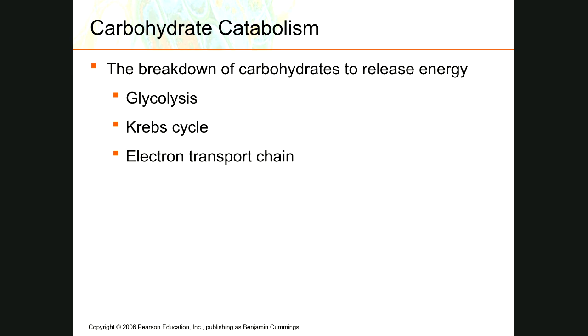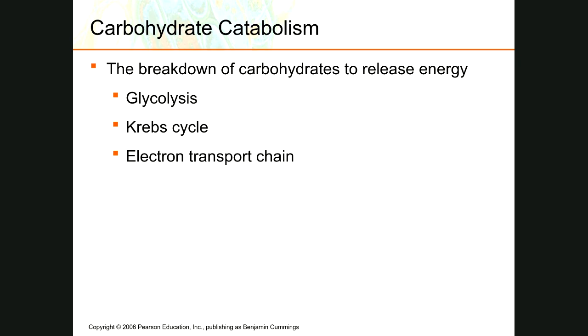And so there are 3 phases or stages of carbohydrate catabolism. And what's the primary carbohydrate we're talking about here? What's the number 1 carbohydrate that's used for energy? Glucose, right?